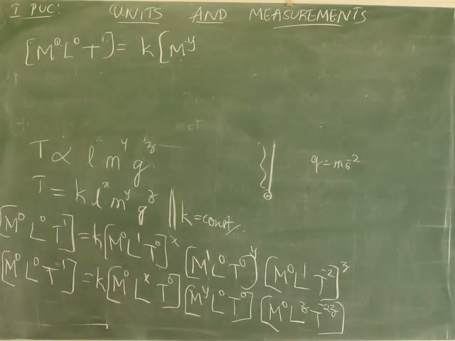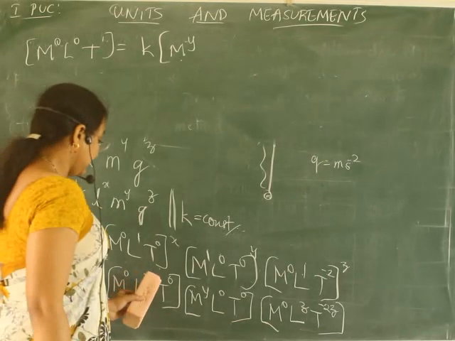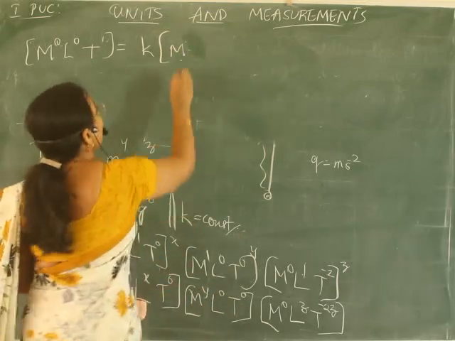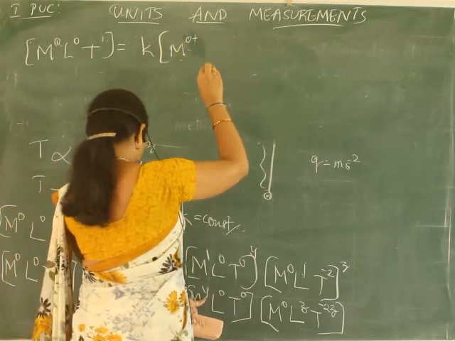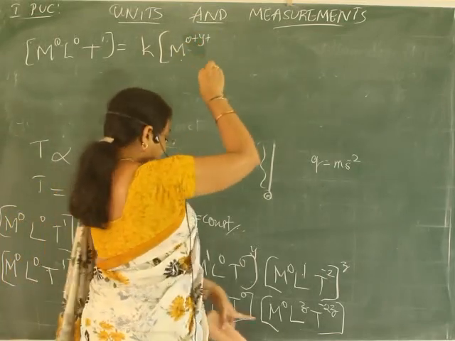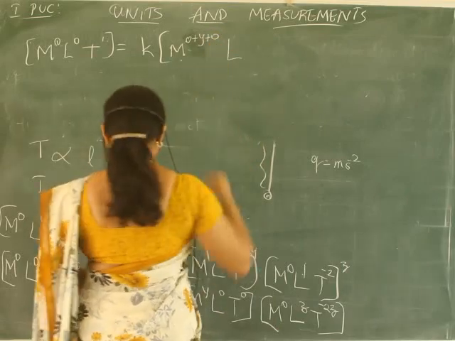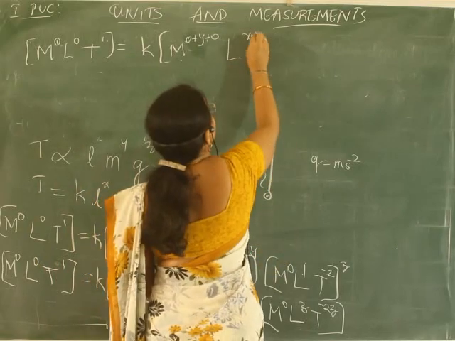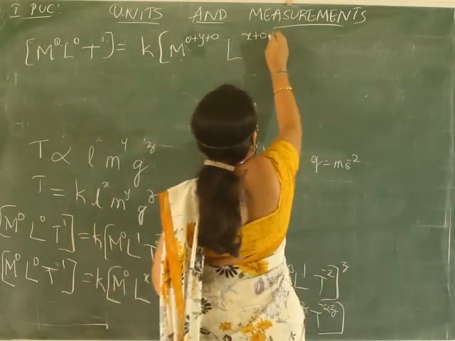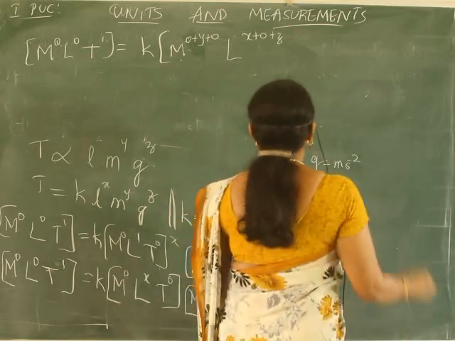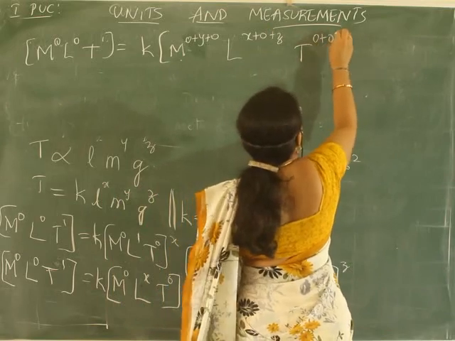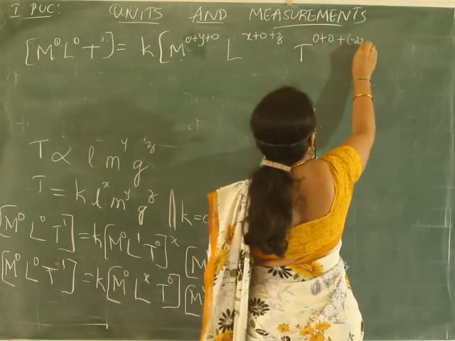Next, x plus 0. Shall I write it here neatly? 0 plus y plus 0, L to the power x plus 0 plus z, T to the power 0 plus 0 plus minus 2z.